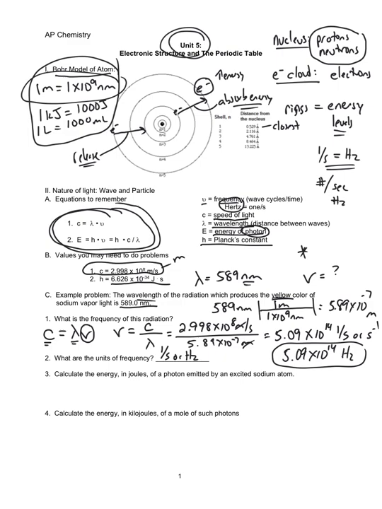All right, now we know the frequency of this radiation source, and now we're asked to calculate the energy of a photon, which is E. E equals Planck's constant times the frequency. So Planck's constant is 6.626 times 10 to the negative 34th joule seconds times 5.09 times 10 to the 14th hertz.